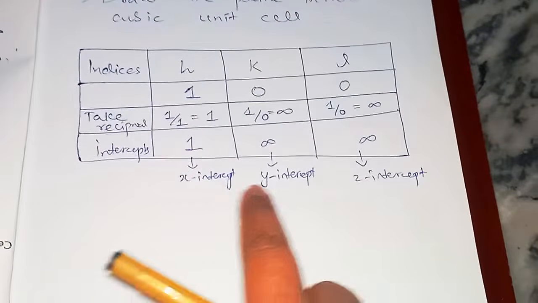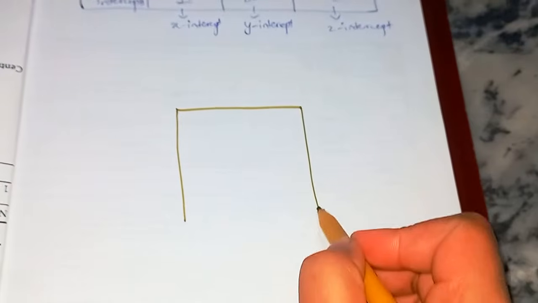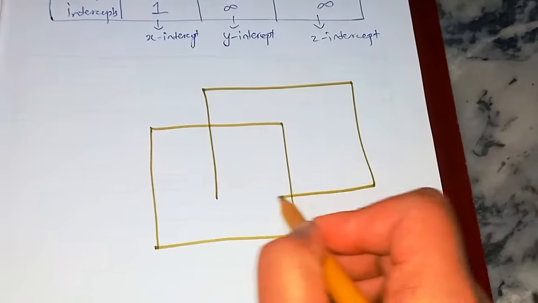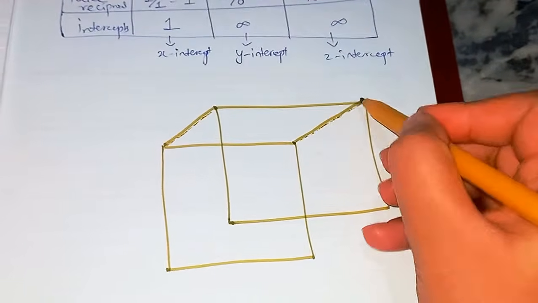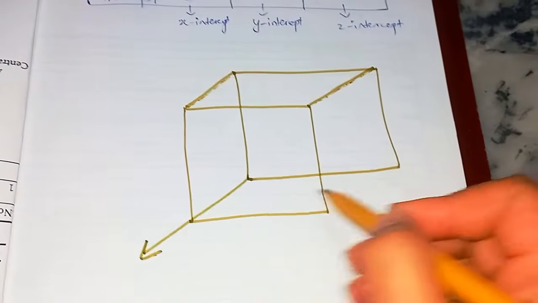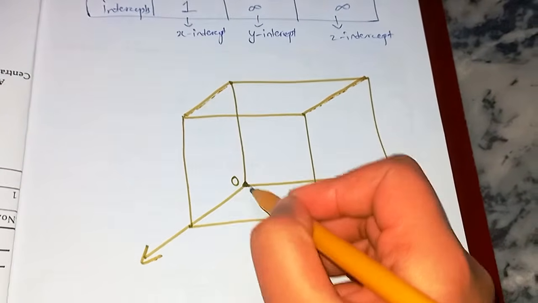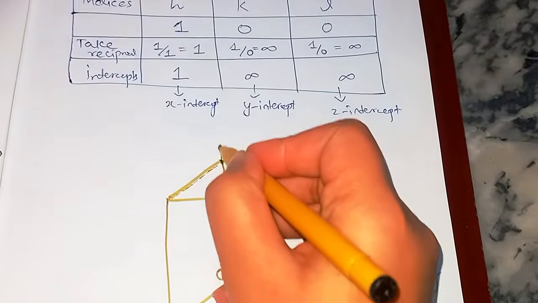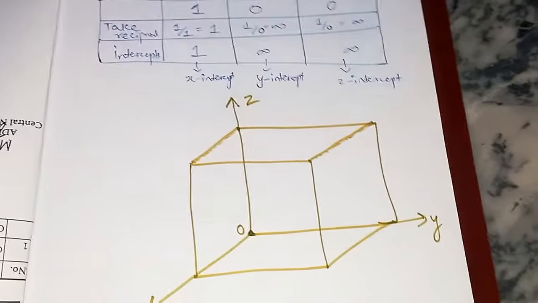Alright, as we have found the intercepts, now we need to draw the cube inside of which we will be drawing this plane. And this is a cube. Since all of the indices are positive, we'll take this point as the all-positive origin, and this is the x-axis, this is the y-axis, and this is the z-axis.